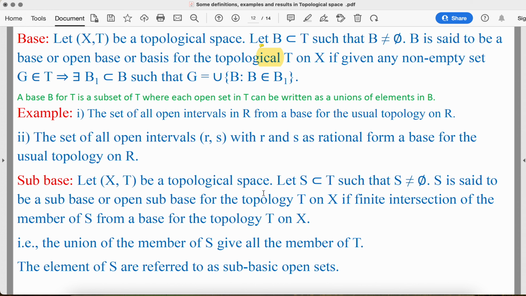Base is also called an open base or basis for the topology. Similarly, subbase is also called open subbase for the topology.